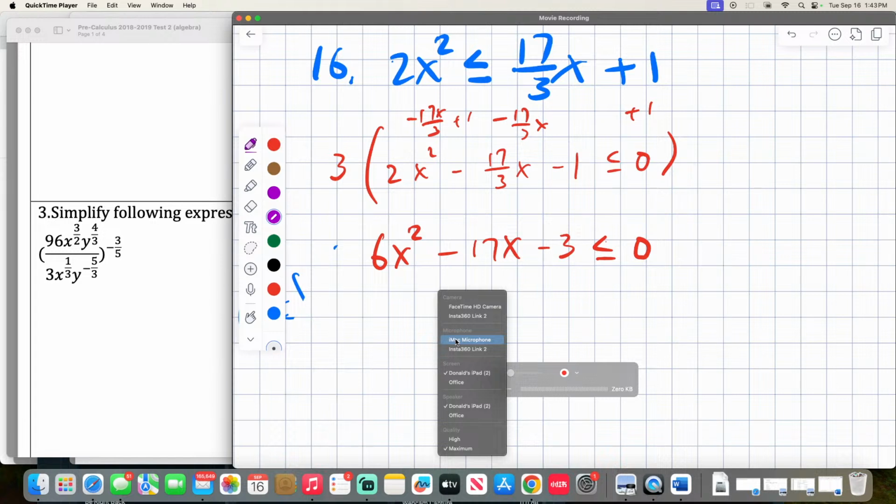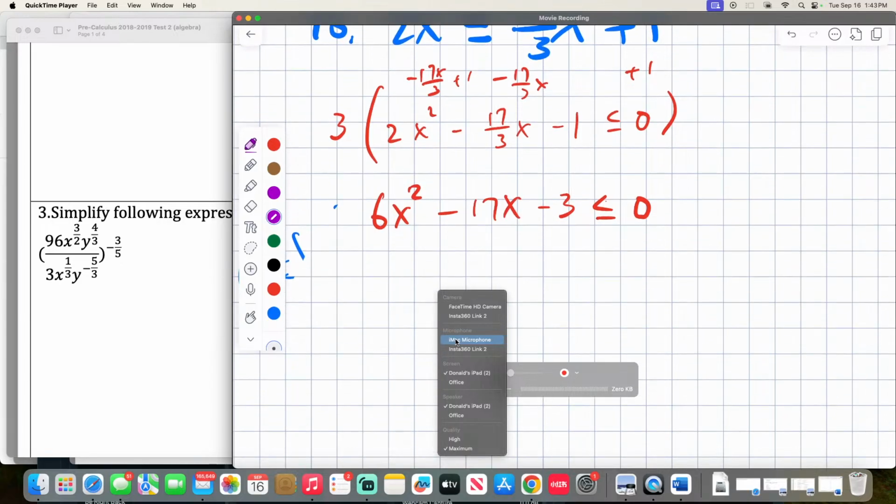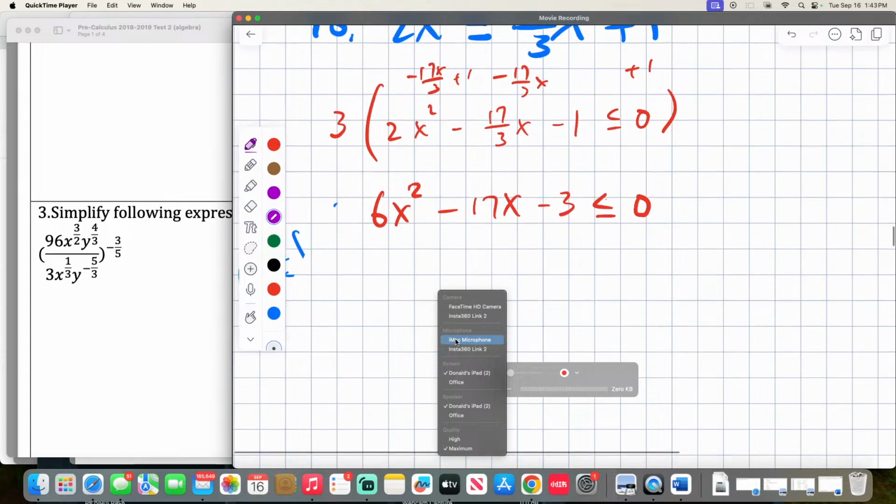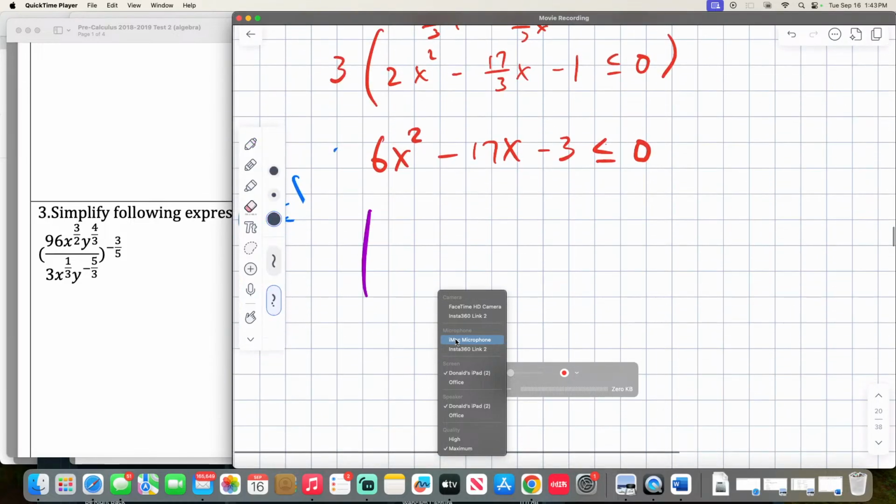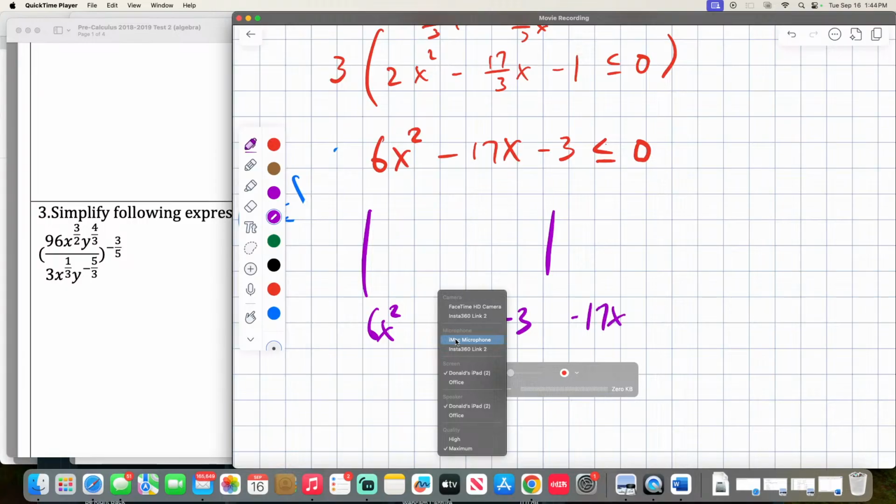All right. So anyway, this is 6x squared minus 17x minus 3. Now this is the part where I have to do a number line test. Okay, so make sure you put away the ping pong ball. So then you have to factor this. So I'm gonna factor 6x squared minus 17x minus 3.